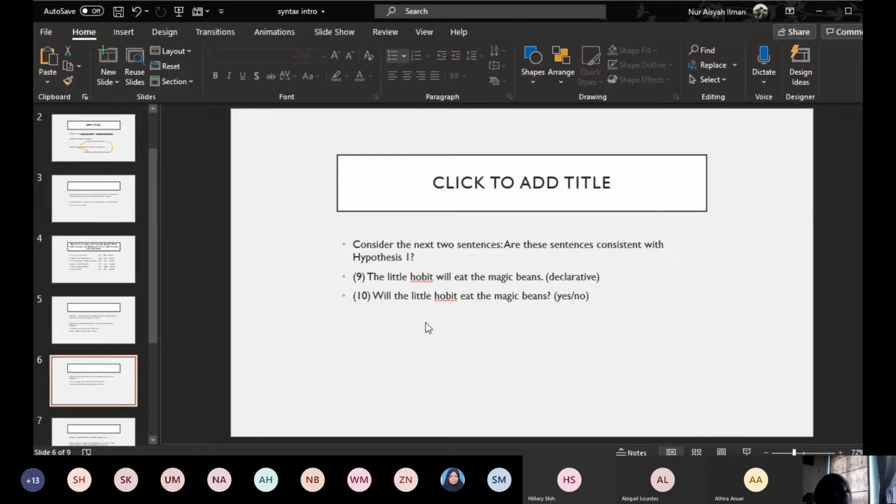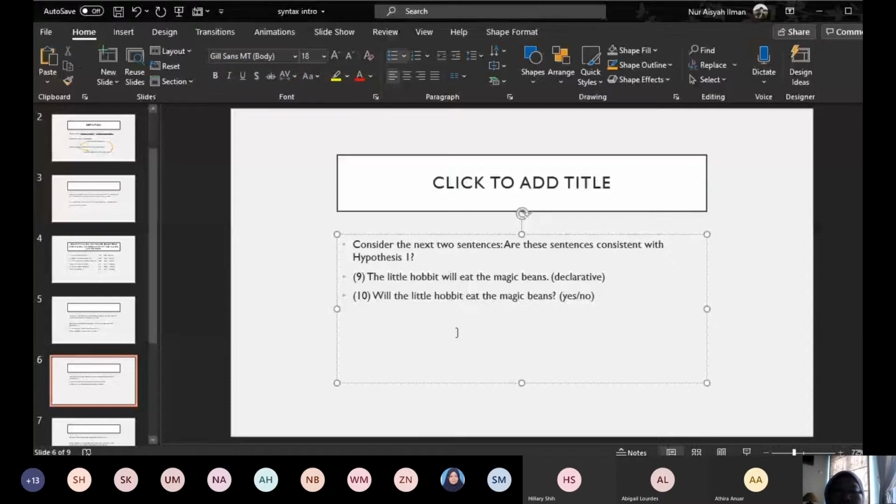Okay, then we have sentences 9 and 10. Sentence 9 says, the little hobbit will eat the magic beans. This is a declarative. And the equivalent, number 10, the yes no question: will the little hobbit eat the magic beans? So what do you see here?